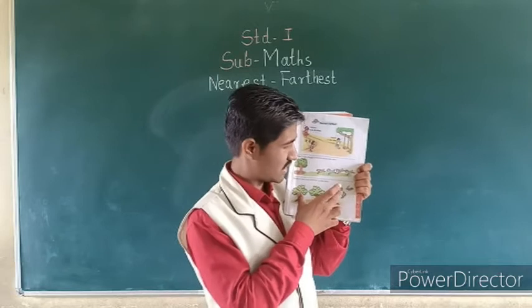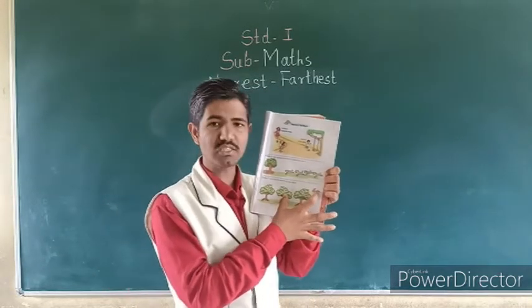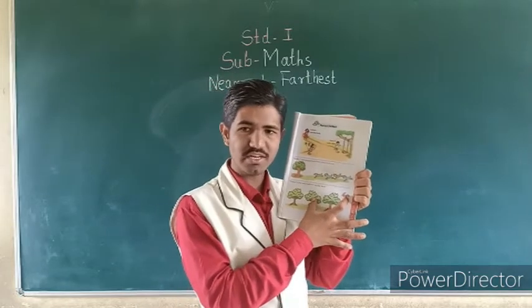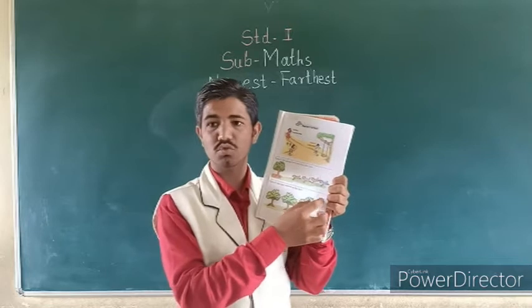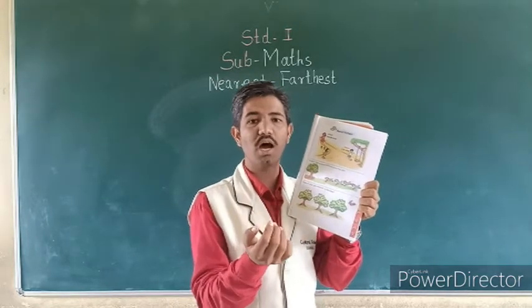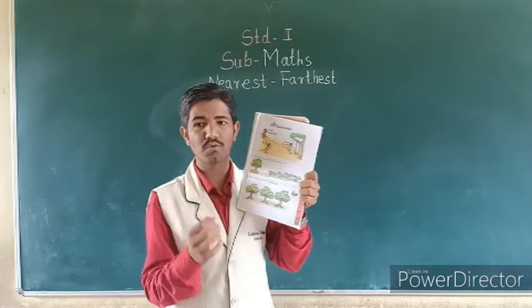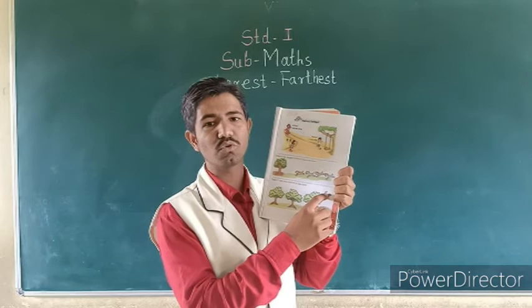Okay, this distance is farthest. Next, the second tree and the bird, is the distance farthest or nearest? That distance is the farthest. So the first tree and the bird, the distance is the nearest. So you have to tick the first tree.